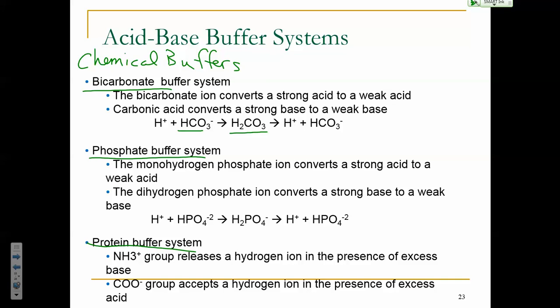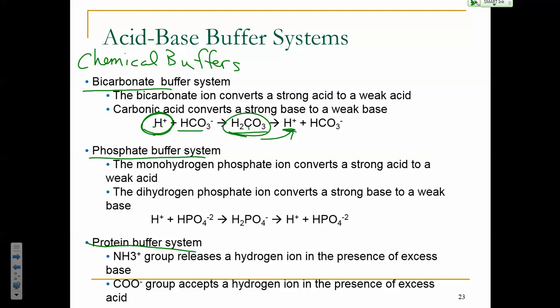Let's say you've had an acid, sulfuric acid, in you from the breakdown of some of your proteins. You're releasing a whole bunch of hydrogen ions. Well, the normal bicarbonate ions that are in your body fluids are going to combine with that. And so it takes the effect of sulfuric acid, which is a strong acid, and changes it to the effect that carbonic acid is going to have. See, it makes hydrogen, but remember, carbonic acid is a weak acid.